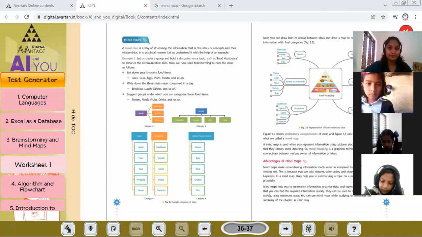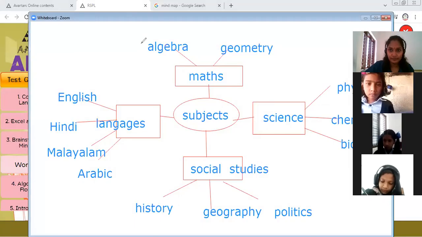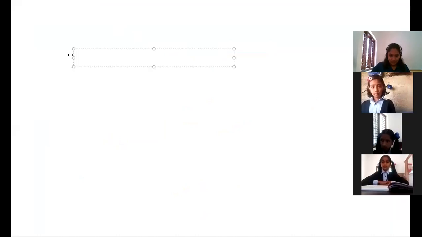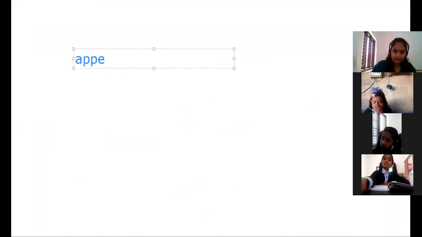I'll tell you how. I'll see another example. Apple, orange, mango.